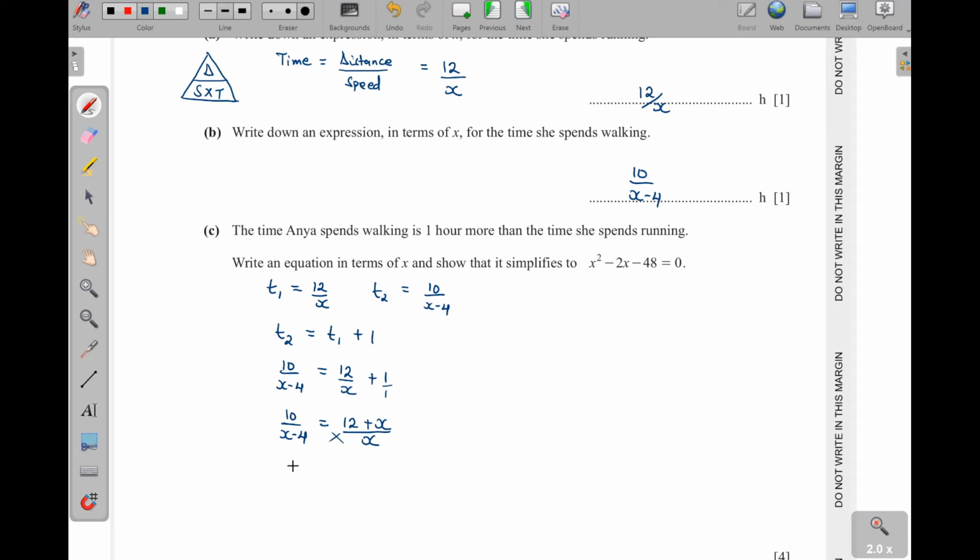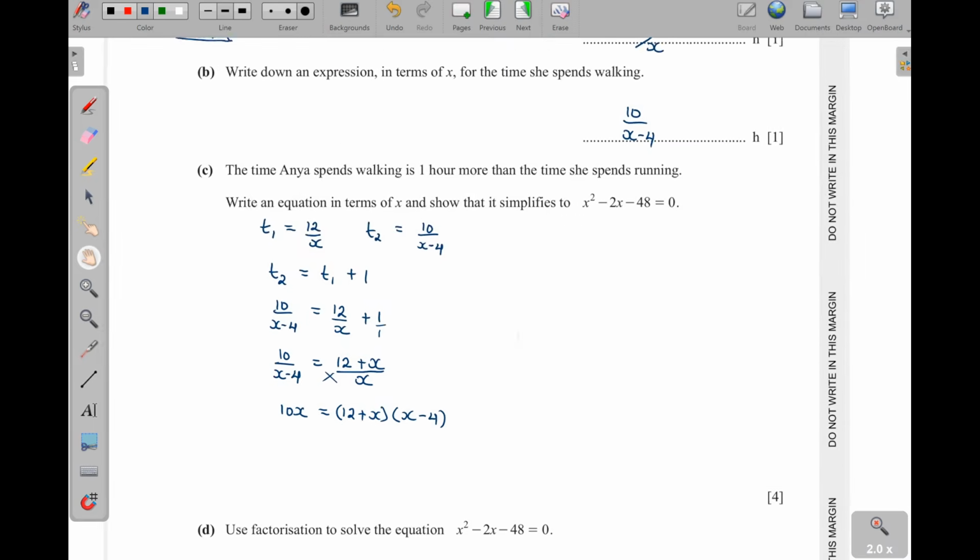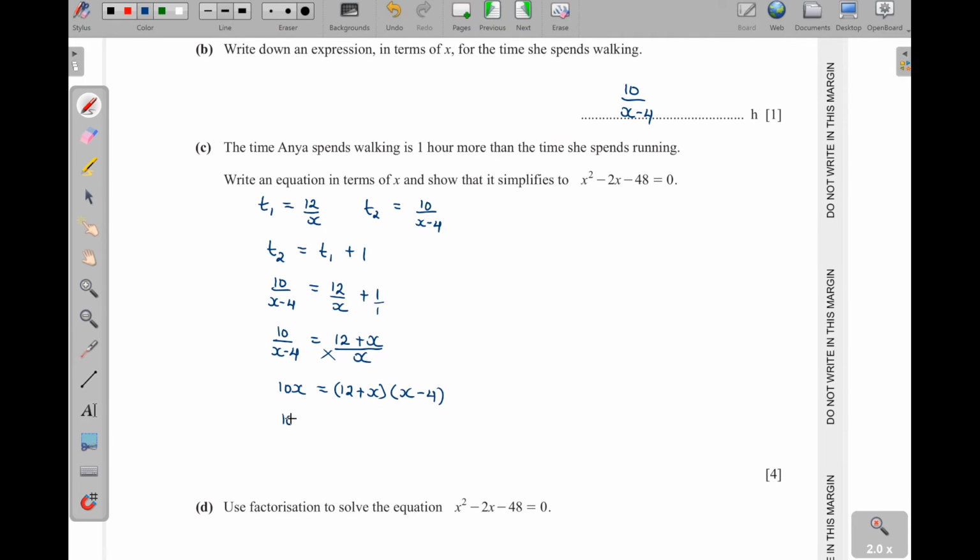Then if we cross multiply, we shall get 10x, which is equal to 12 plus x multiplied with x minus 4. Now from here we can have 10x, 12 times x, that is 12x, 12 times negative 4, this is minus 48. Remember, whatever is in the first bracket has to multiply with whatever is in the second bracket.